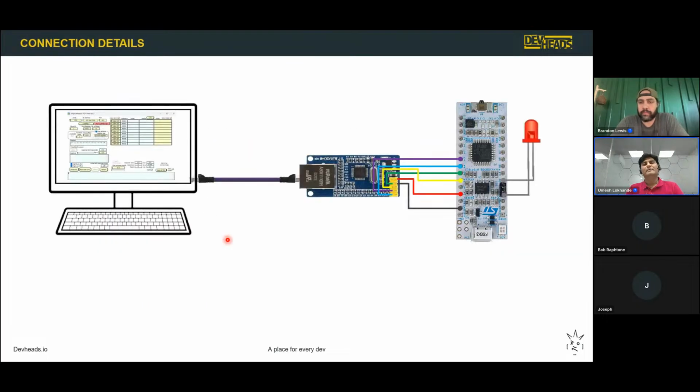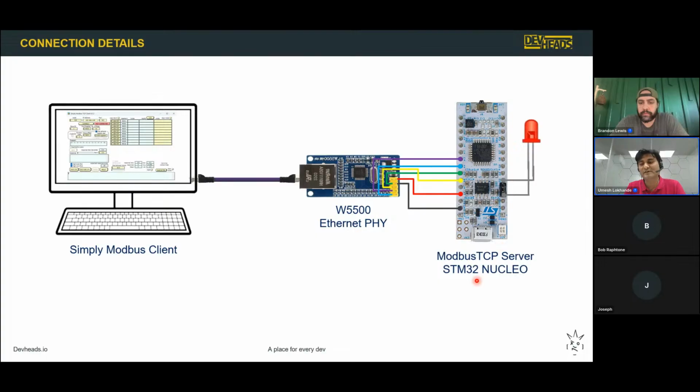Now let's talk about the connection. As I said, we will be using the W5500 Ethernet chip to provide Ethernet connectivity to our STM32 microcontroller, and we will be using an STM32 F303 Nucleo-32 board. This STM32 microcontroller with the W5500 allows us to host the Modbus TCP server on the microcontroller.